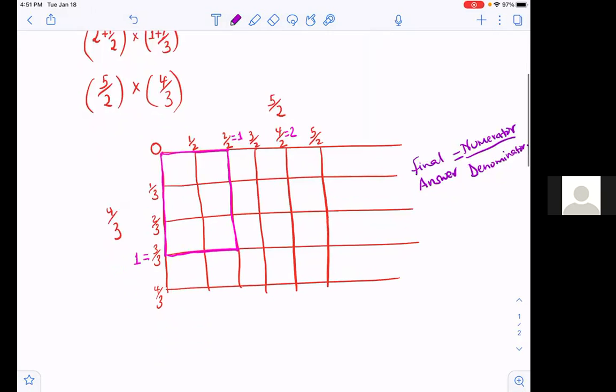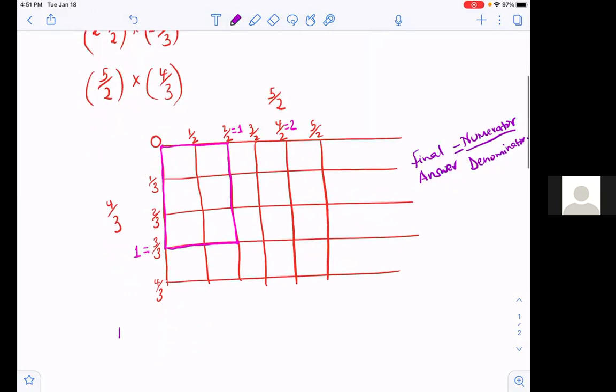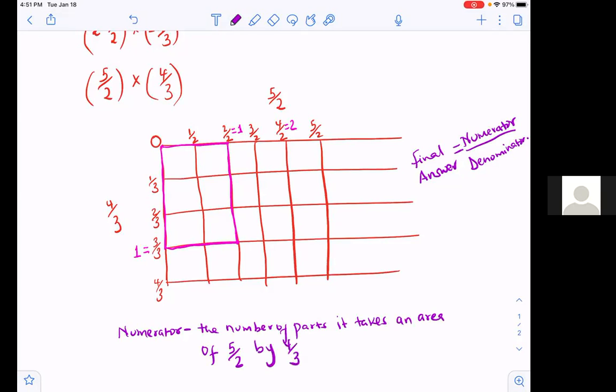Now, the numerator, let me write here because of space, the numerator will be the number of parts it takes an area of 5 halves by 4 thirds.